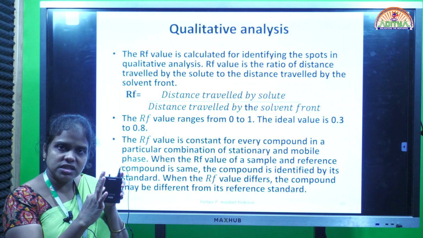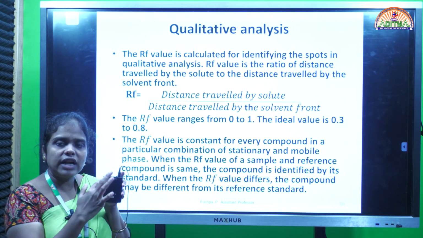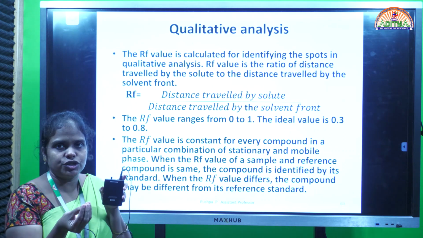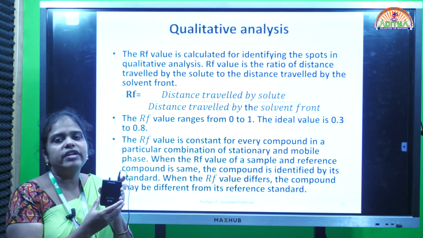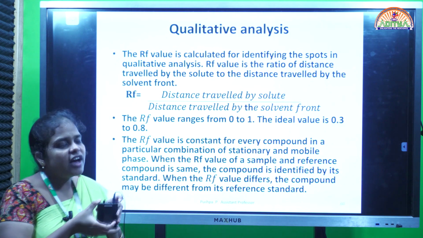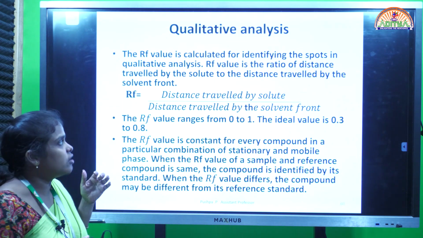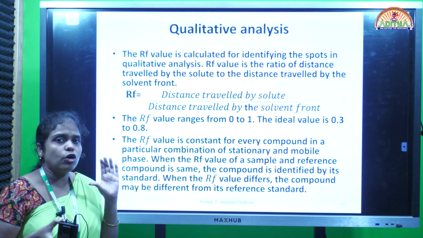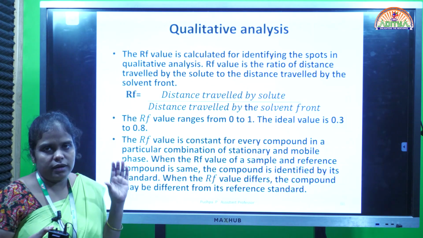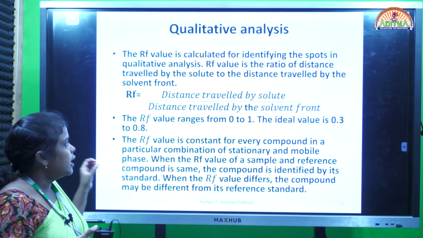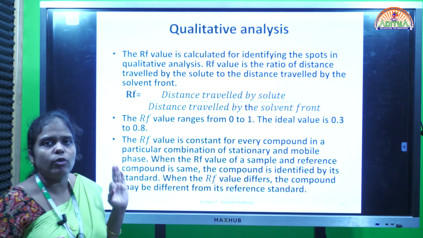Both we compare and determine their ratio. Based on that, we will identify the compound. That is the analysis of the separated compound, the experiment calculation. So here there are three types of qualitative analysis.